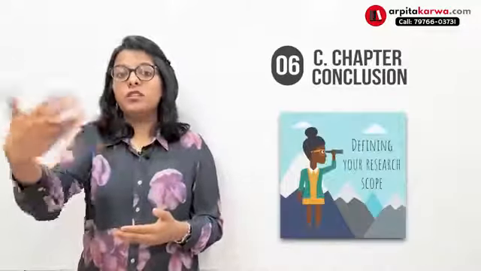Now guys, what you need to understand here is that the conclusion doesn't include a summary of all the previous chapters. No, the conclusion will include research aims and objectives and how we have achieved them in the entire research. Also, the conclusion will include any research gap which is left, so that we can give scope to further researchers.